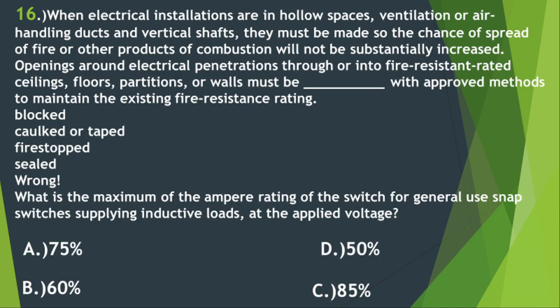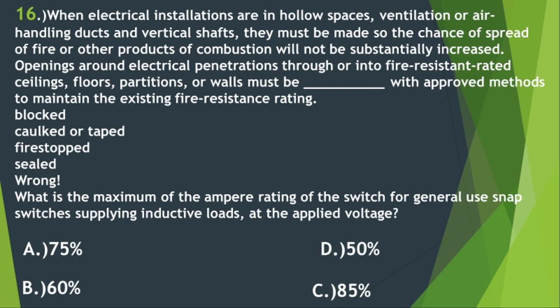Number 16. When electrical installations are in hollow spaces, ventilation or air handling ducts, and vertical shafts, they must be made so the chance of spread of fire or other products of combustion will not be substantially increased.